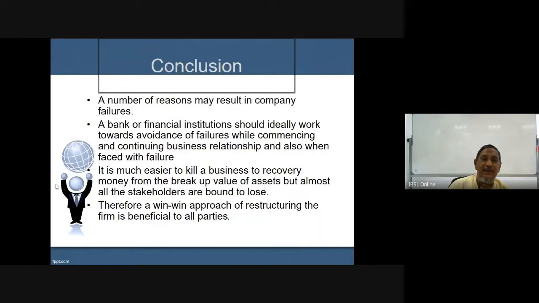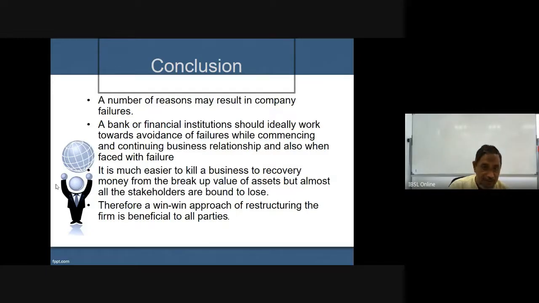A number of reasons may result in company failures.